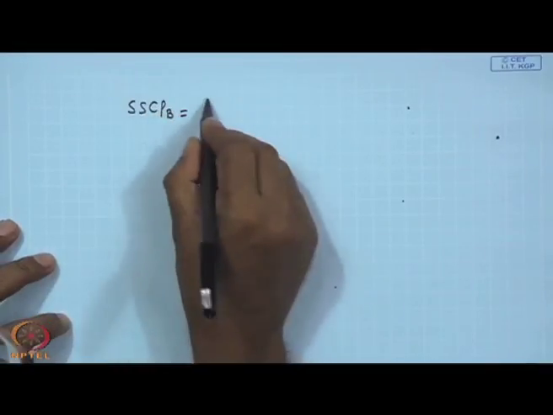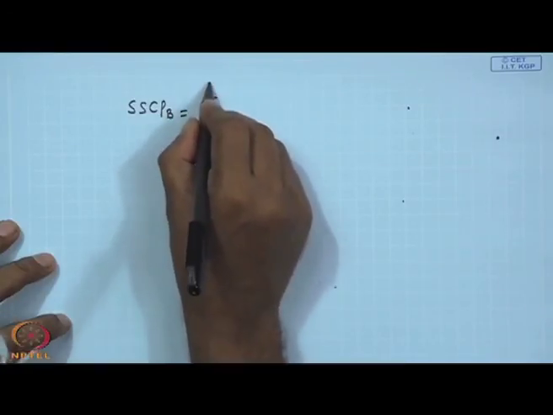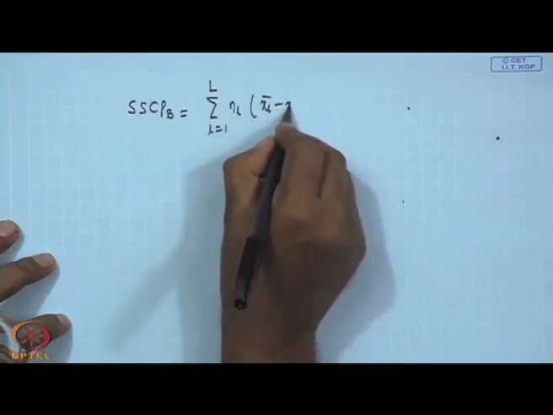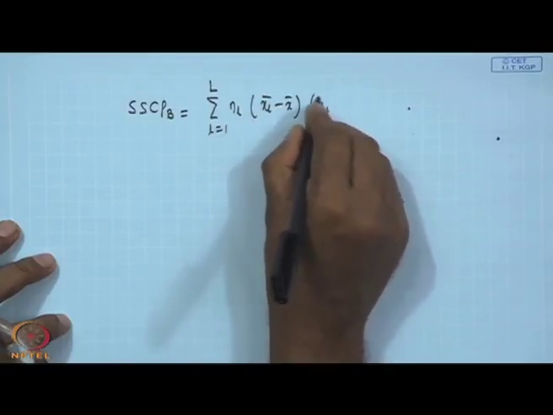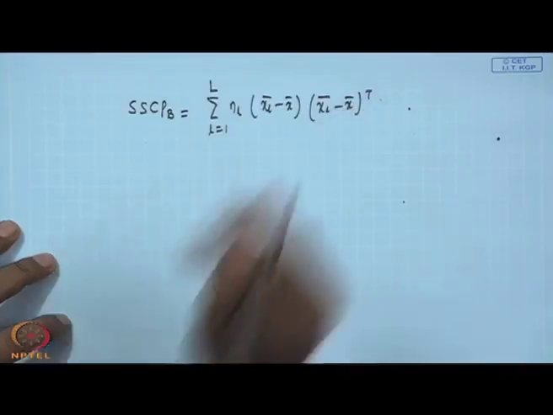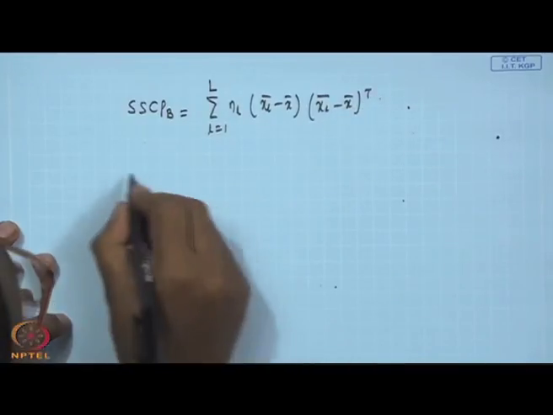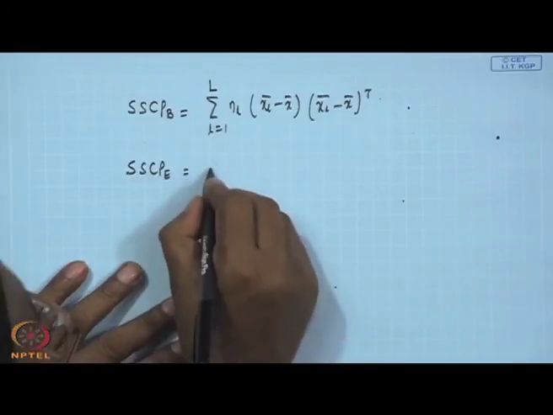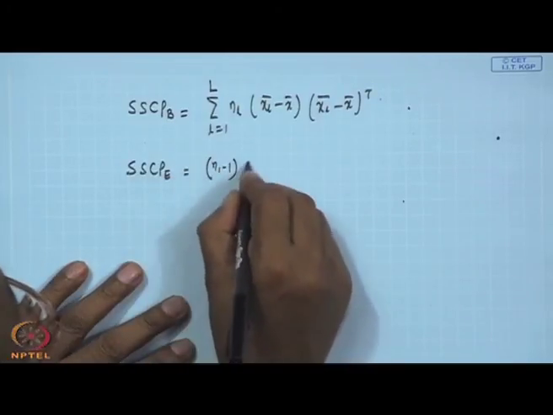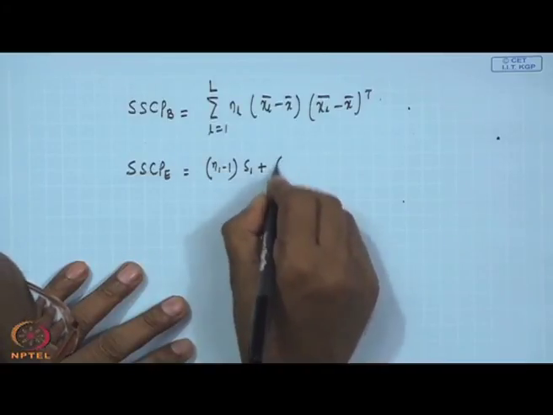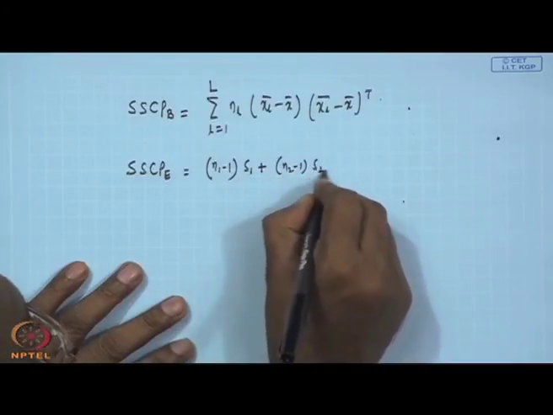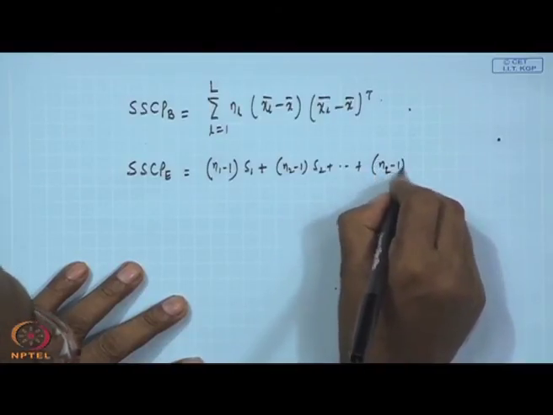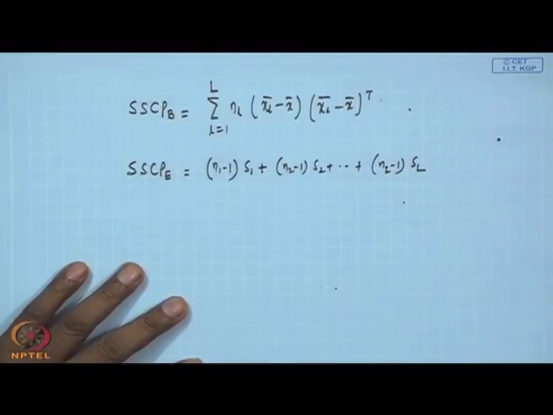SSCPB computation will be the sum over L equal to 1 to L of nL times XL bar minus X bar and XL bar minus X bar transpose, correct. Then for SSCPE there is a formula: N1 minus 1 S1 plus N2 minus 1 S2, and so on up to NL minus 1 SL.